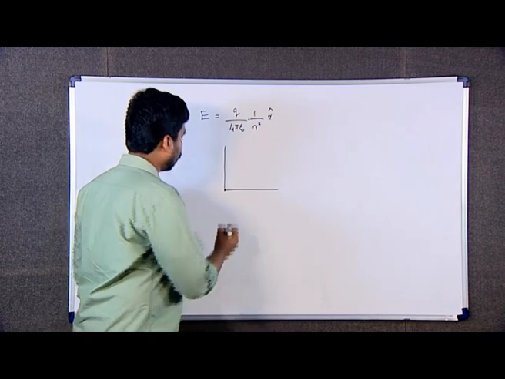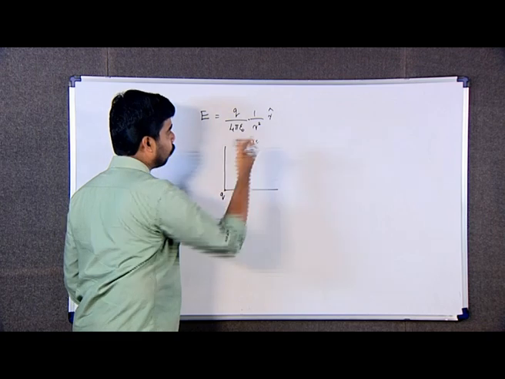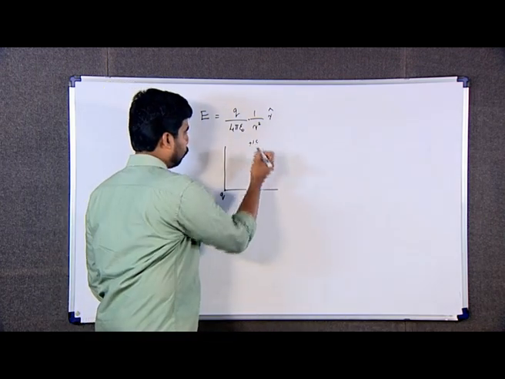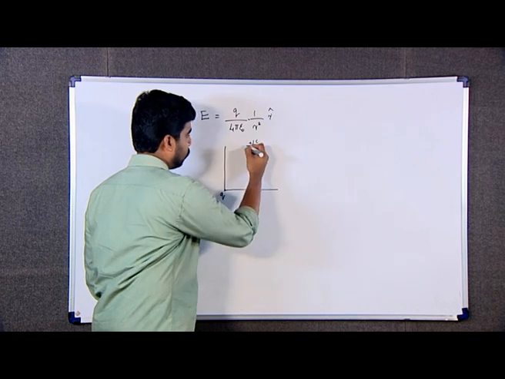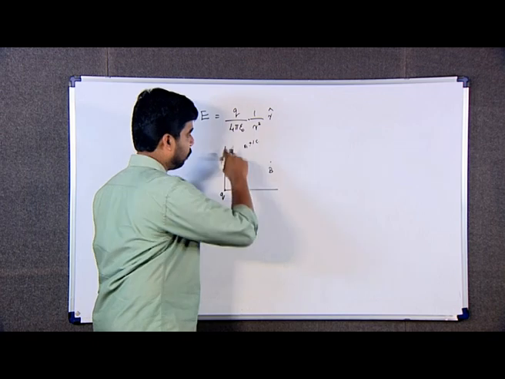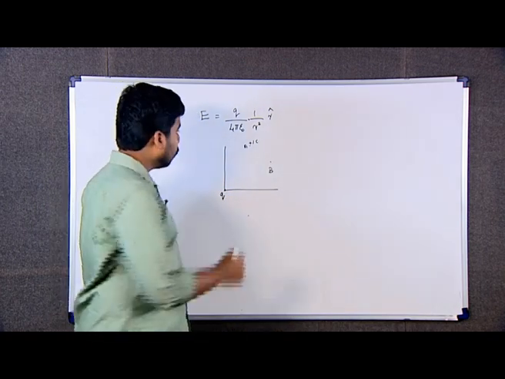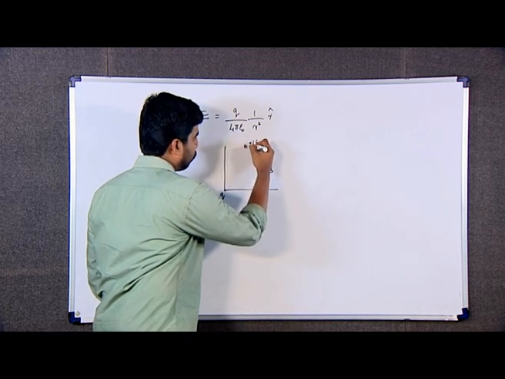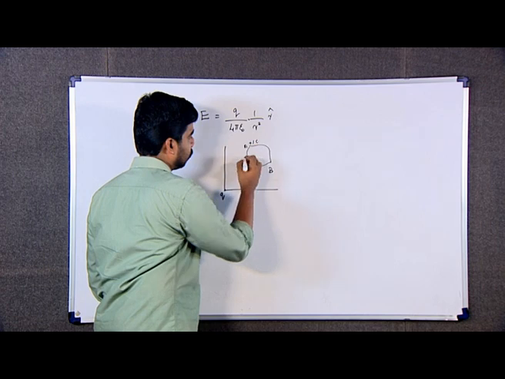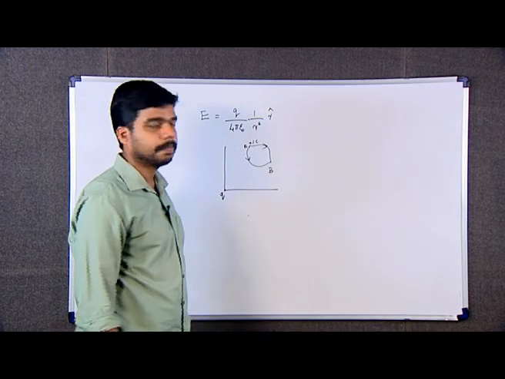Now, a point charge, that means a plus 1 coulomb charge, is moving from one point to another point, that is from the point A to the point B. I can take this charge from point A to point B along any path, along this path or along this path.